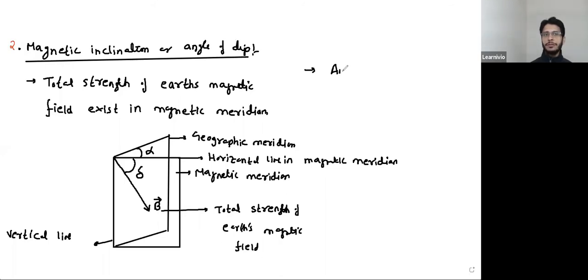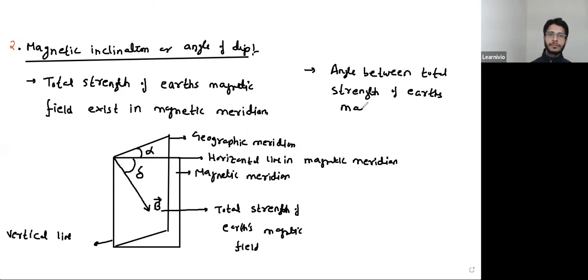So the angle between the total strength of Earth's magnetic field and the horizontal line in magnetic meridian.